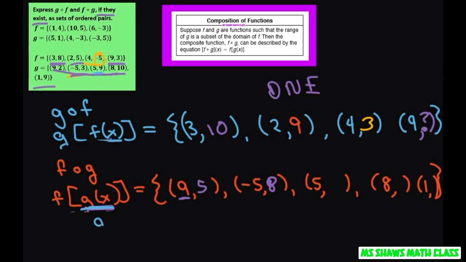So this equals 9. Do f of 9. f of 9 equals 3. All right, next one is 8. So g of 8 is 10. So we want f of 10. And I look on here and I do not have a 10. And so since we don't have a 10, this one does not exist.